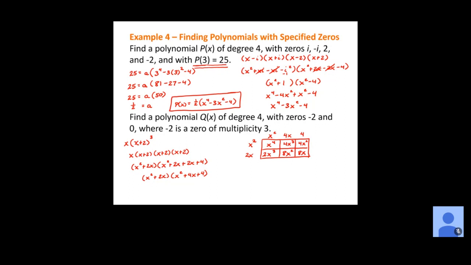All right, now it's just a matter of combining like terms. So I notice I've got some x cubed terms here I can combine, some x squared terms down there I can combine. So once I put all of this together now, what should my final answer be for this polynomial?